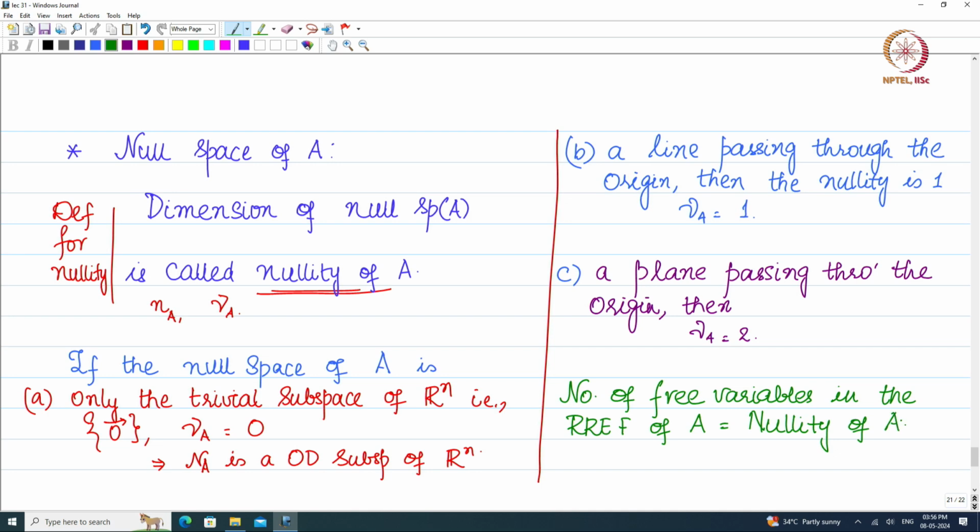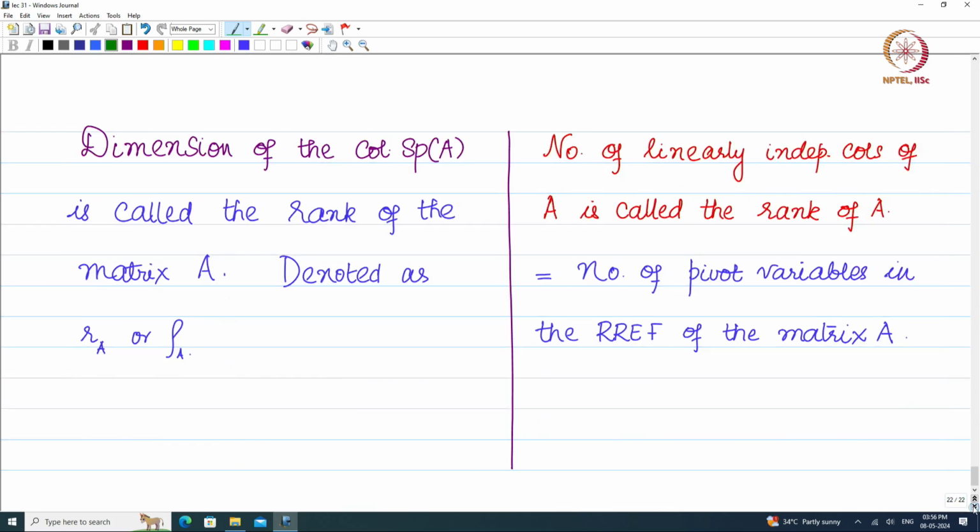More to it, we also define the rank in the case of row reduced echelon form as something else.